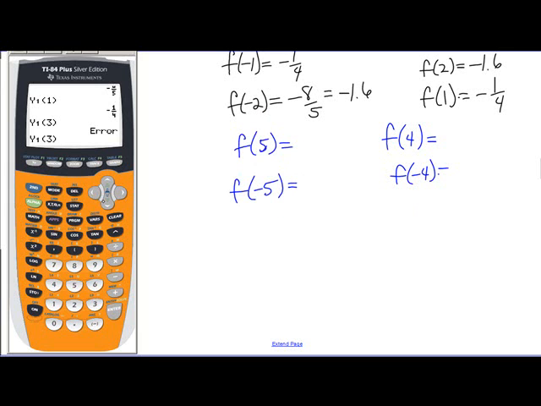Get the cursor in the right place. f of 4 is 32/7. That's not very helpful. I'll figure out what that is in a minute when I'm done with the calculator. f of 5 is 25/8. And if we insert a minus sign in front of that 5, I get the same thing, 25/8.